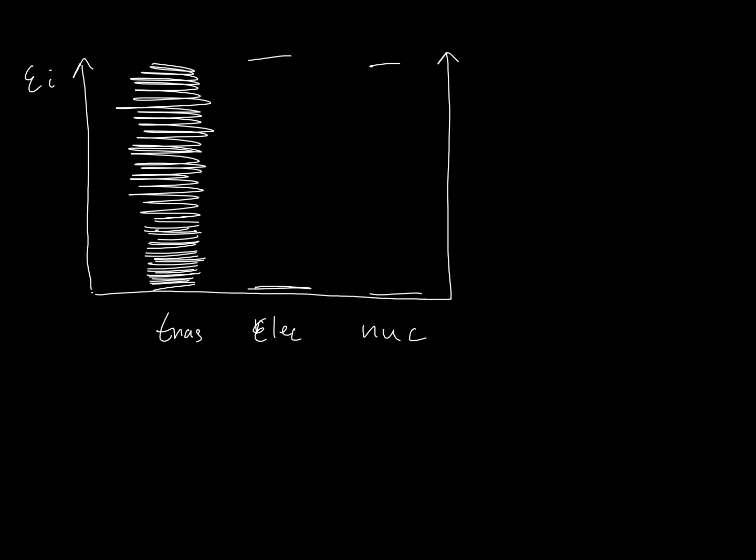So remember, the partition function is the summation of all of the different states. But since this gap is so very, very large, almost all the particles are going to be occupying the lowest energy states.